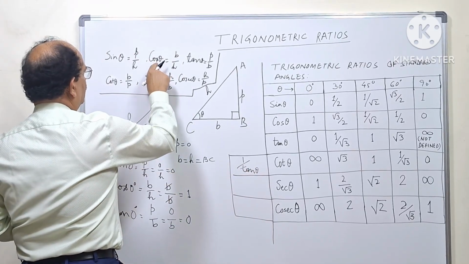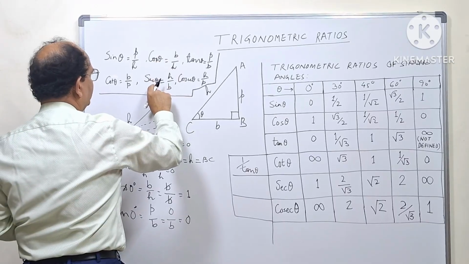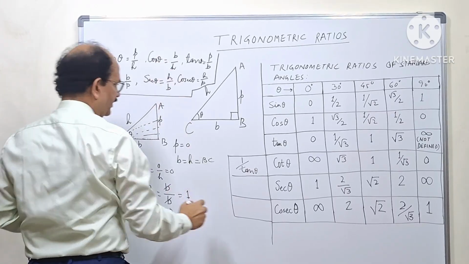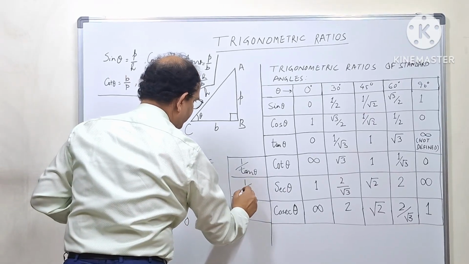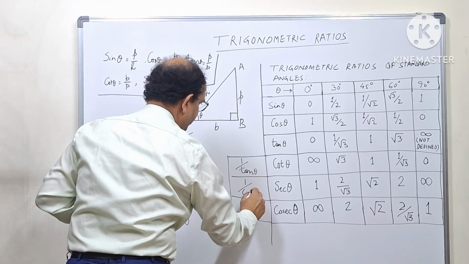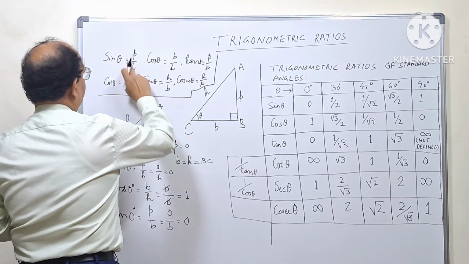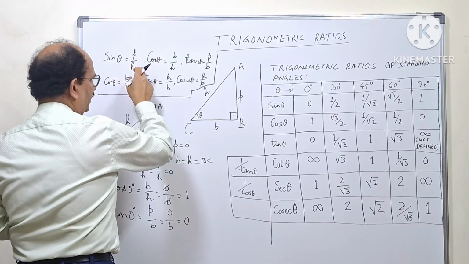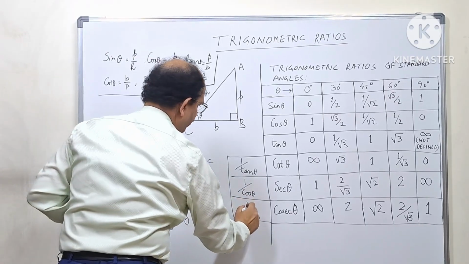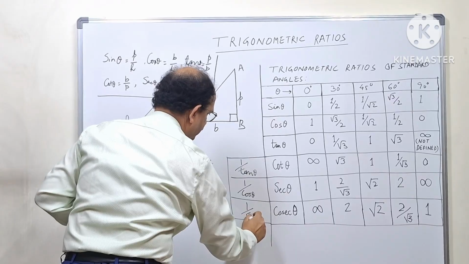Similarly, cos theta is b by h and sec theta is h by b, just the inverse of it. So we can write this as 1 by cos theta. Likewise, cosec theta is h by p and sin theta is p by h. Therefore, cosec theta is 1 upon sin theta.